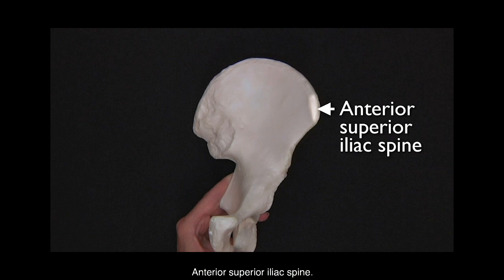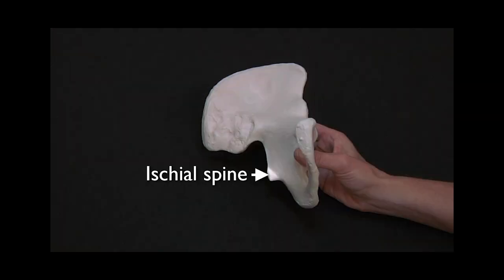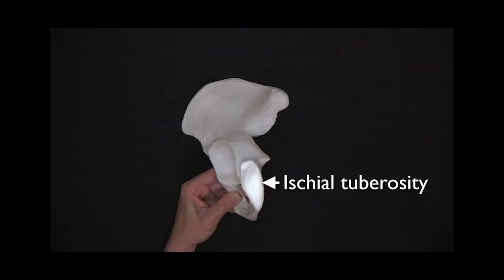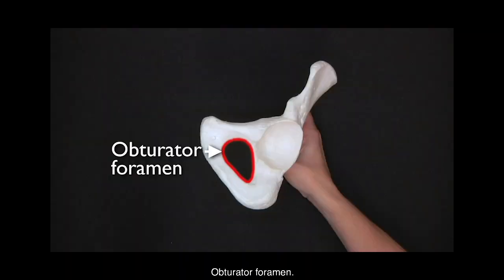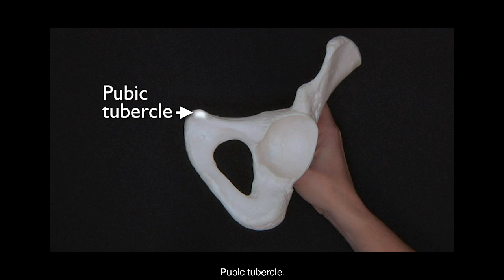Anterior superior iliac spine. Greater sciatic notch. Ischial spine. Ischial tuberosity. Obturator foramen. Acetabulum. Pubic tubercle.